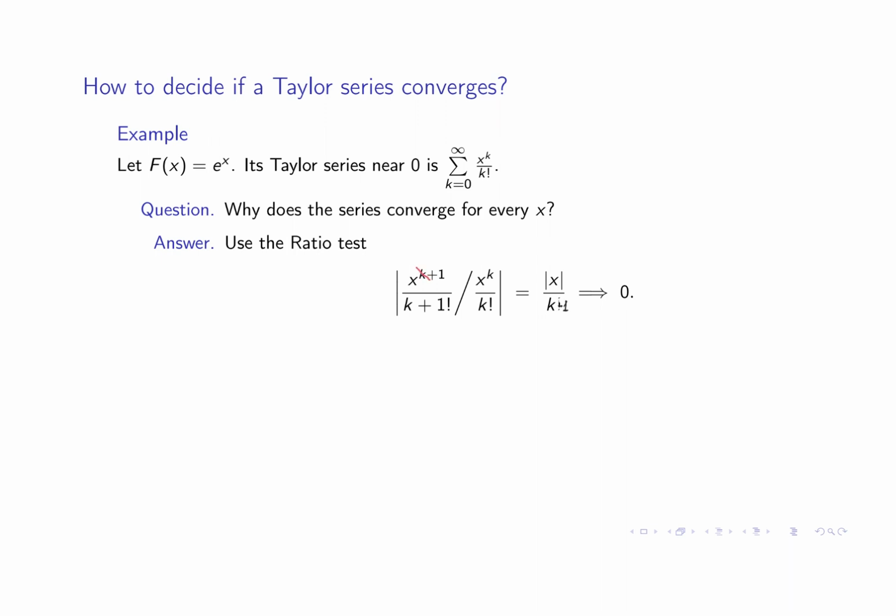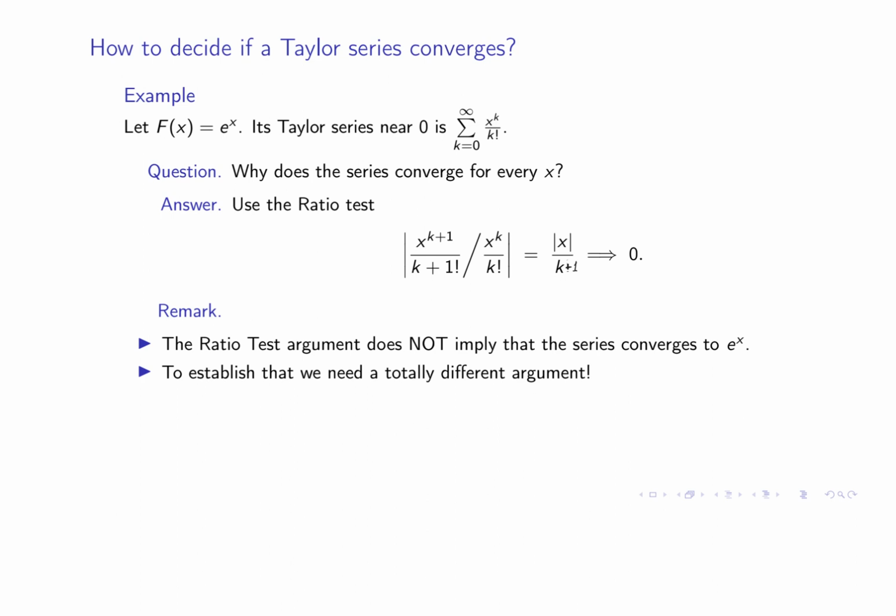This x to the k cancels, so we get this fraction. You have k factorial divided by k plus 1 factorial, which is k factorial divided by k factorial times k plus 1. So k factorial cancels, and that's how you get k plus 1 at the bottom. For a fixed x, when k goes to infinity, the fraction goes to 0. And 0 is less than 1. So the series converges. No matter what x is, the series converges.